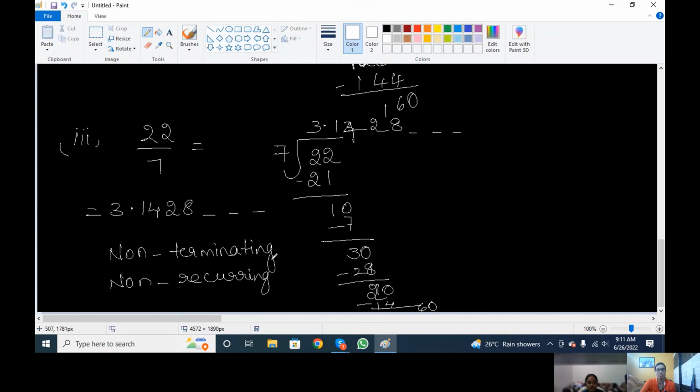These types of numbers are called irrational numbers, which are non-terminating, non-recurring. There is no repeated value and also no end for the decimal places. They didn't ask us to write irrational numbers, but I'm explaining it as an example for you.